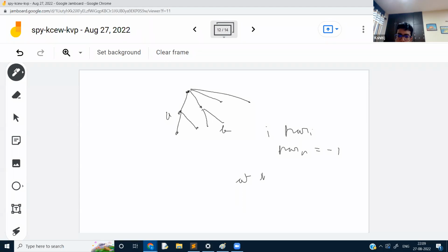But there can be up to n minus 1 ancestors. So it's not optimal. For each query, we are doing order n work.